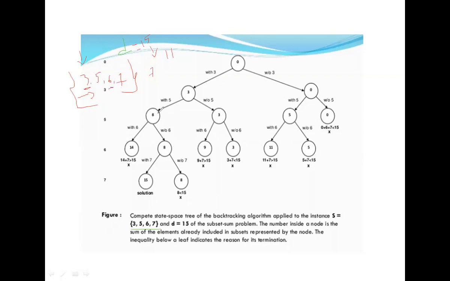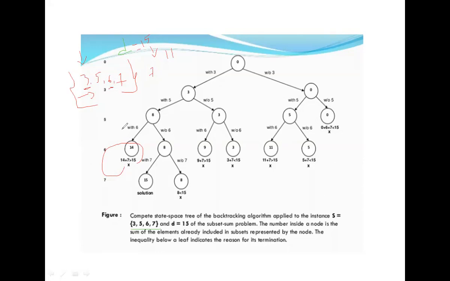Including this one, 8 plus 6, how much is there? 14. It is not equal to d, 15. It is less than d, 15, so we neglect this one. We do not consider it because it is less than the d value of 15.